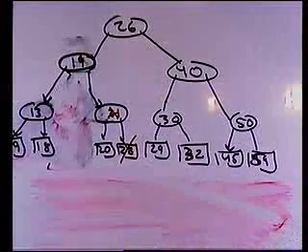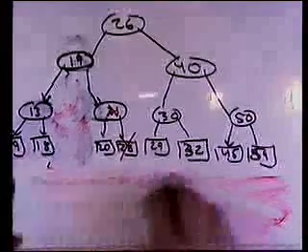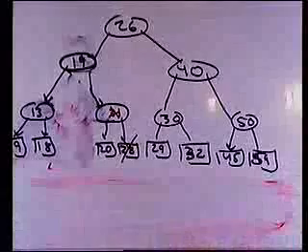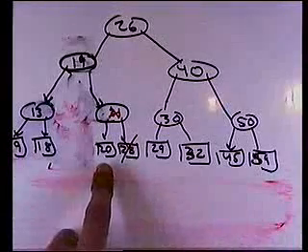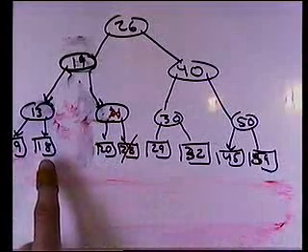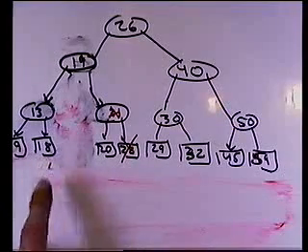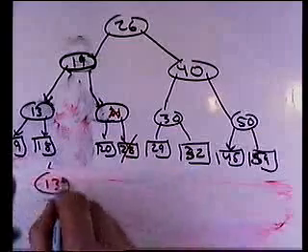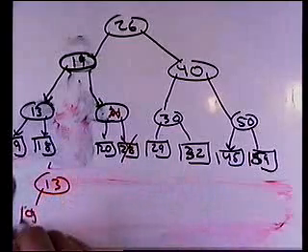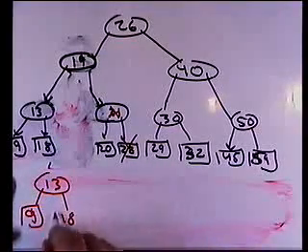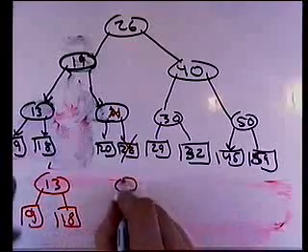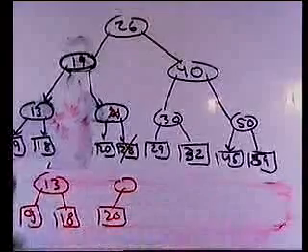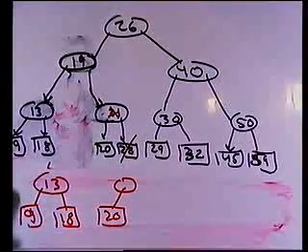The idea of combining is going to be that, well, we've gotten rid of 22 and we've gotten rid of the index 21 that is in that node. And so I say that this node, well, I can't steal from there, and so the only possibility is to combine. I will take this node and this node, and I combine them to have all the children in one node and all the indices in one node.